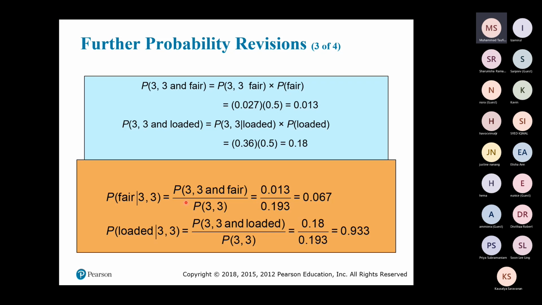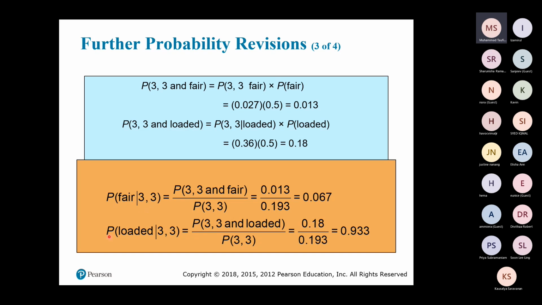Alright. Kemudian kita boleh teruskan untuk dapatkan apakah kemungkinan kita pilih dadu yang normal bila kita buat dua balingan, kita dapat 2 kali nombor 3. Okey.